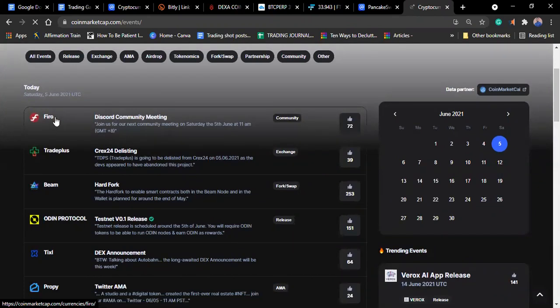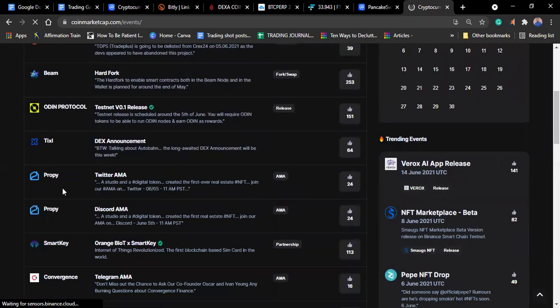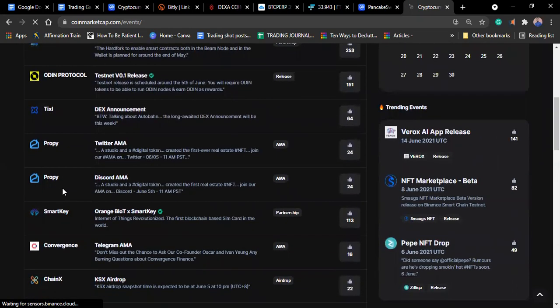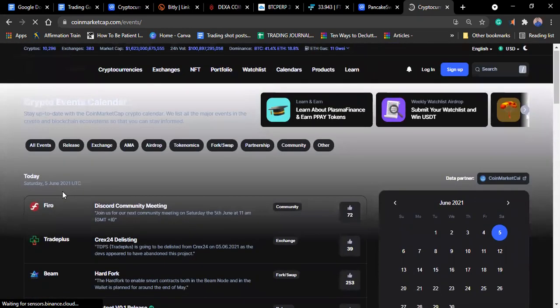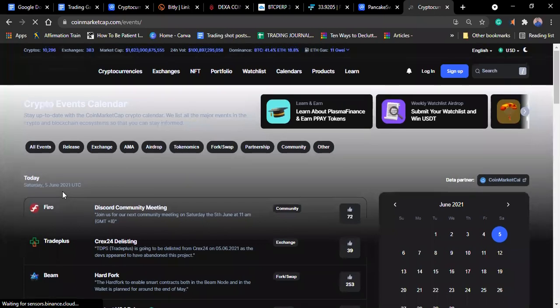There's Firo, they have a Discord meeting, there's Trade Plus, they have this. So you're looking for specific events. I think you can even search for the kind of event you're looking for. Okay, yeah, you can search for the kind of event. Okay, so you can search for token economics.